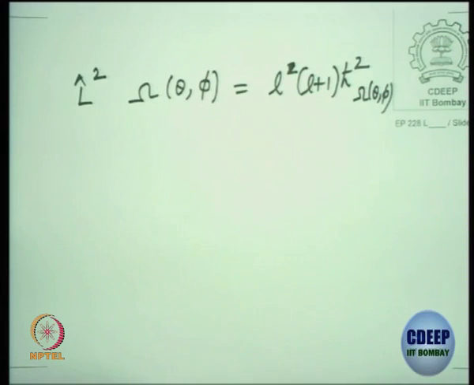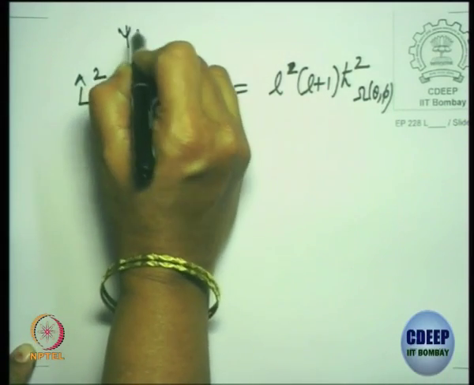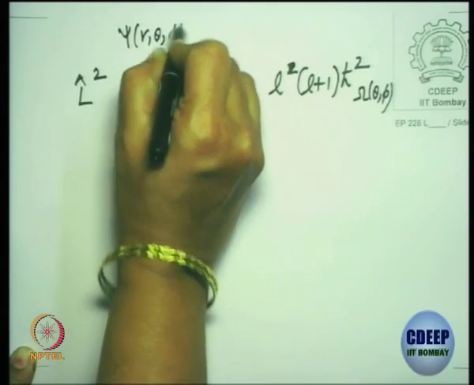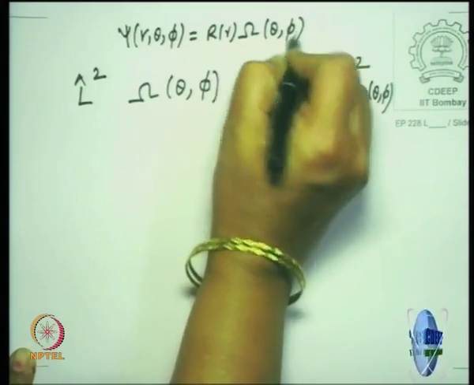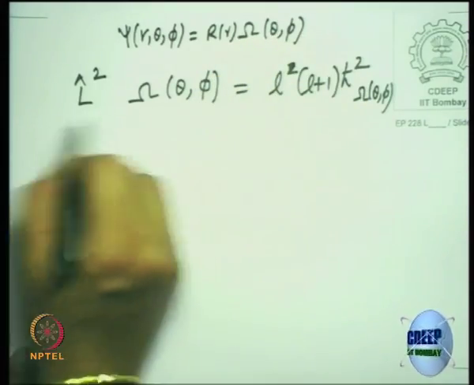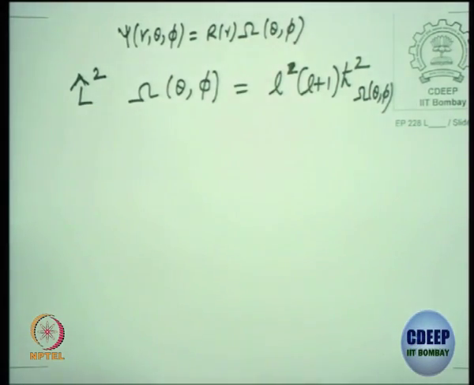Why are only theta and phi affected? When you write the angular momentum differential operator in the position basis, you see it acts only on theta and phi. So when you write the wave function psi of r, theta, phi, you could write it as R of r times Omega of theta phi, and the differential operator is nothing but your L dot L operator. You can check that out.